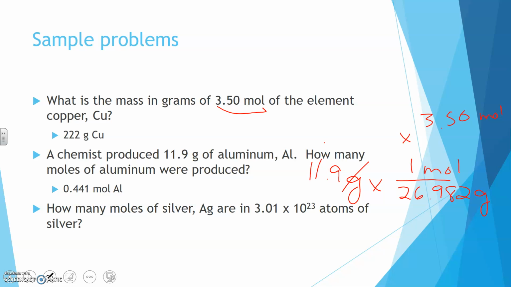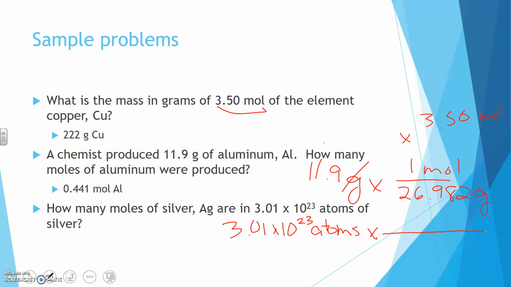How many moles of silver are in 3.01 times 10 to the 23rd atoms of silver? So we're starting with atoms and we're going to moles. So we have our 3.01 times 10 to the 23rd, and that's atoms. Now are the moles going to go on top or bottom?